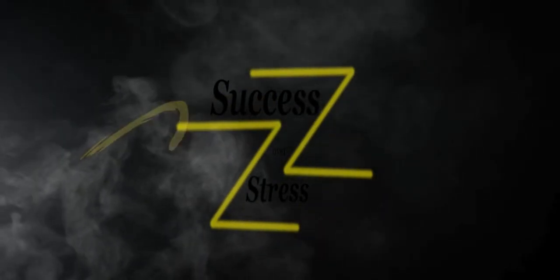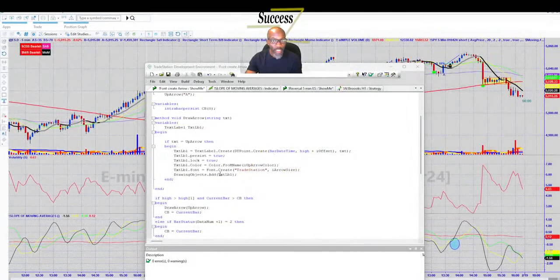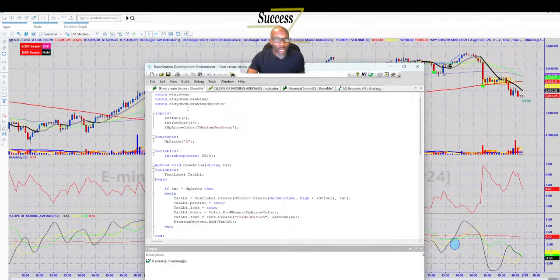Paste it, and that's what you have there. So yeah, you do have to use the EL system drawing objects, and then he just named it that. Constant is the up arrow. I don't know if I have to do it as constant or not, but yep, text label, that's what I got there.